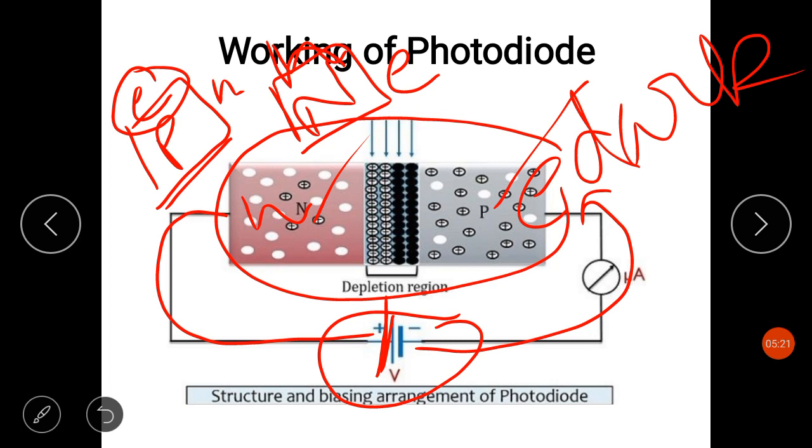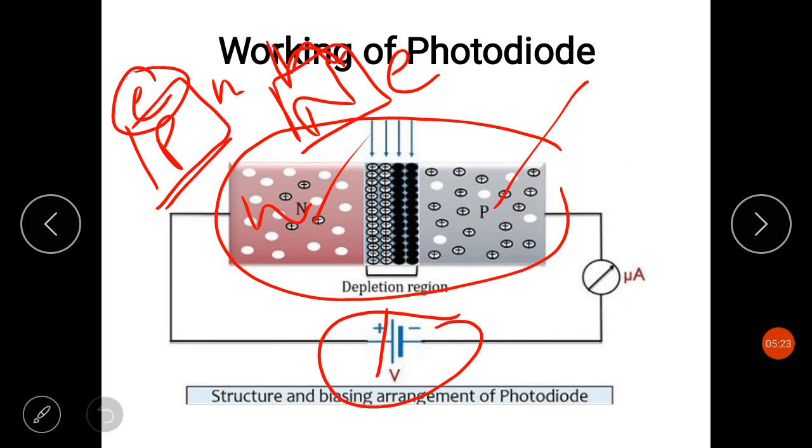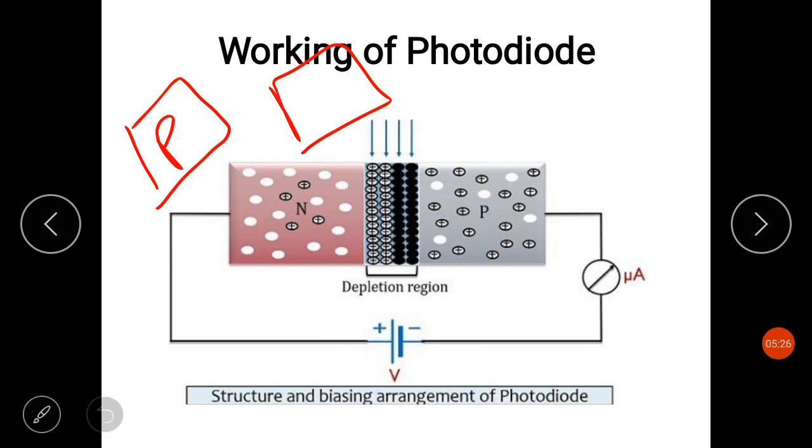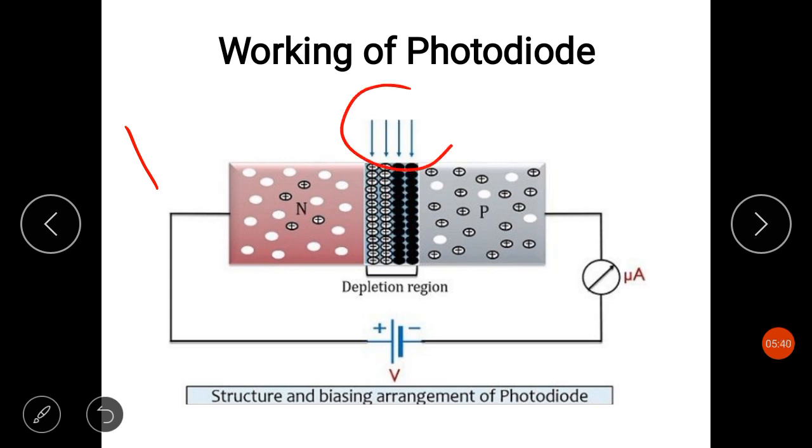Now in the photodiode we do the same, we apply this external energy to control the conductivity of the device, because as the name suggests, in a photodiode the PN junction gets exposed to light, and as light falls on the surface of the junction, the temperature of the junction increases. This causes electron hole pairs to get generated at the PN junction.